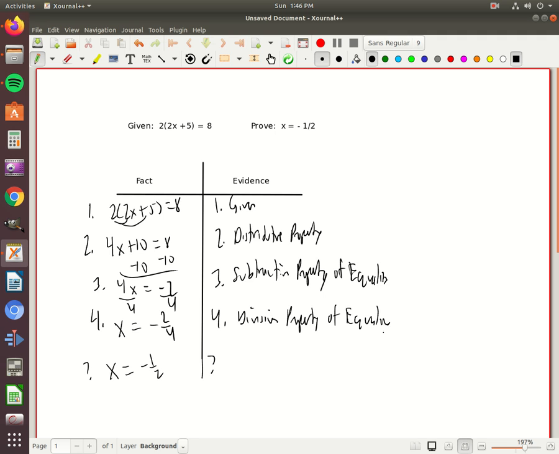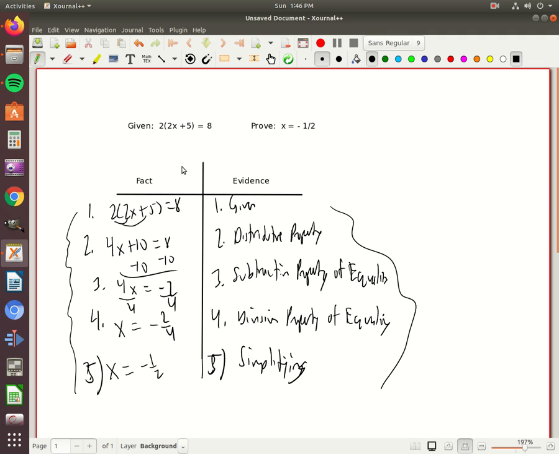And then at this point, I can say that x equals negative 1/2. And I would say that that's just simplifying, right? I just simplified those fractions. So again, you can see I've gone through step by step on how to solve these things, and for each step I've said why I'm allowed to do that. That's the fact and the evidence that allowed me to prove that x equals negative 1/2 for this given equation.